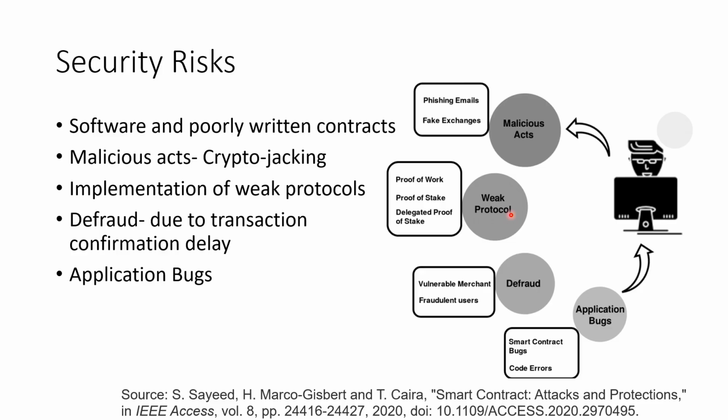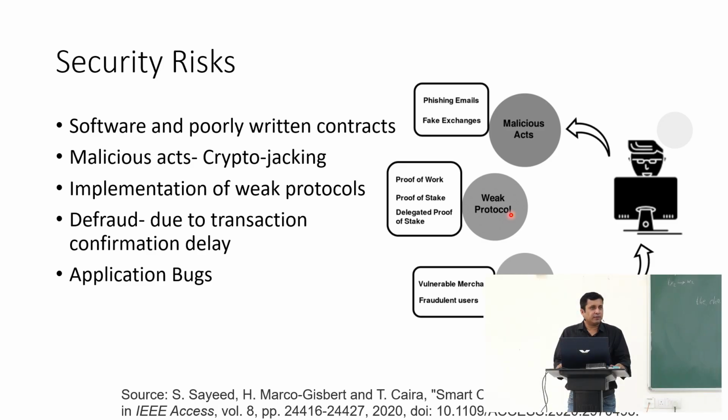The second thing is the weak protocol. Although it is called a weak protocol, take the example of proof of work. To confirm a transaction and update it on the blockchain, you require confirmation from 51% of nodes.